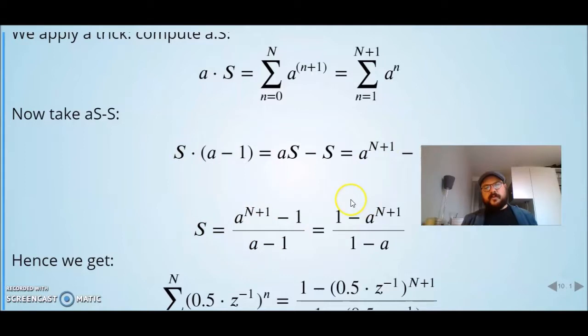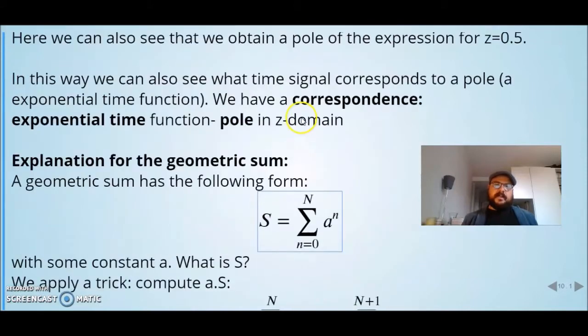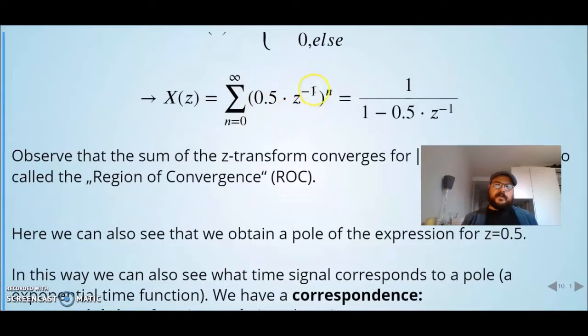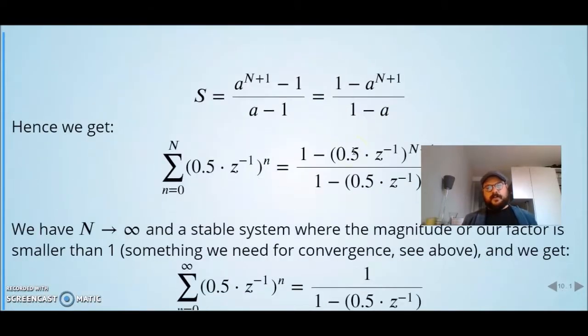With some manipulation, we end up like this. So if we multiply up and down by minus 1, we have here. Now, if we replace this a by the z-transform here, so this is a summation of a to the power of n from 0 to infinity. So that's what we're doing here.